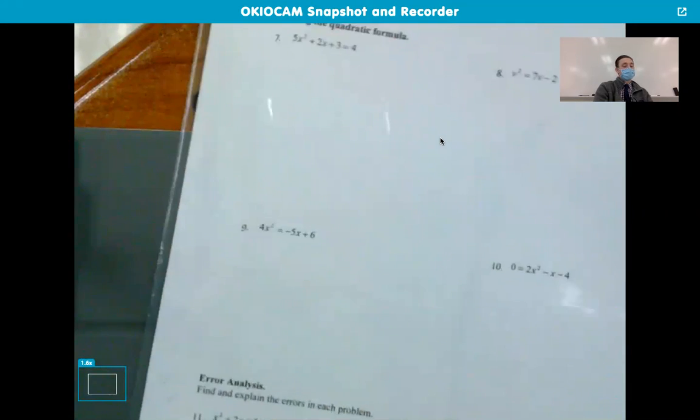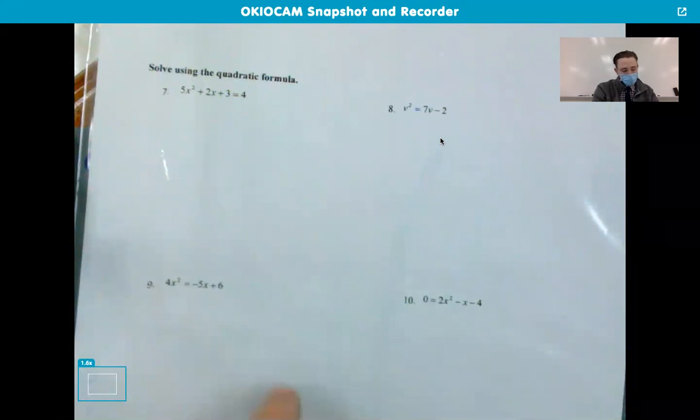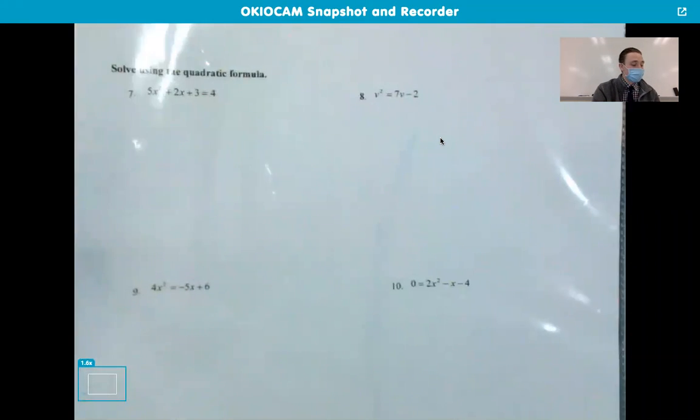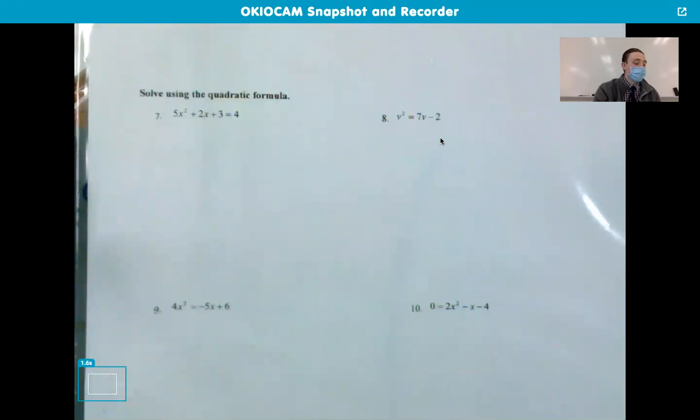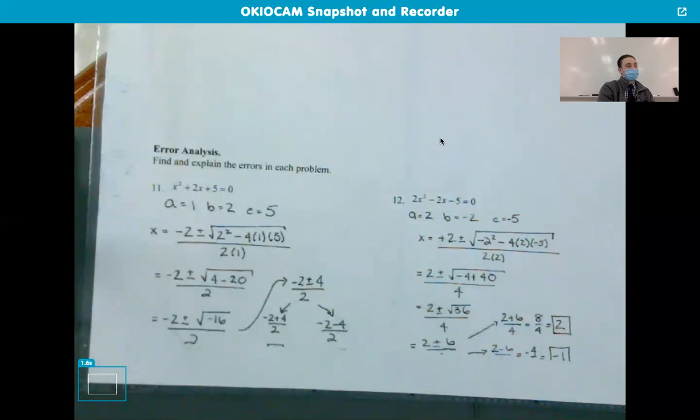All right, for homework tonight, you're working on the back. So 7 through 12. Number 7, 8, 9, and 10, it's just using the quadratic formula to help you solve. Make sure that you're using that, even though I just showed an example with factoring. And then 11 and 12 are done for you. It just says to find and explain the errors in each problem.